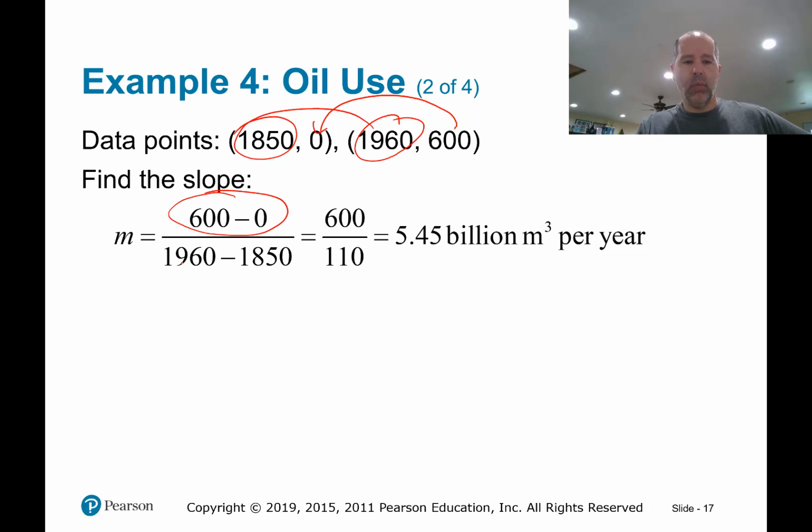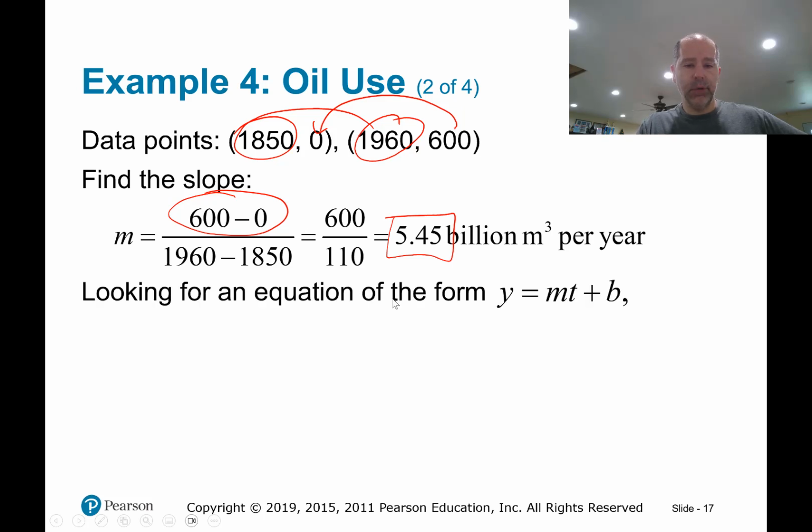However you subtract on the top, you must do the same in like manner in the bottom, else you get the wrong sign. So now this tells us that the rate of change is 5.45 billion cubic meters of oil per year. That's how it's been growing based on these two data points.